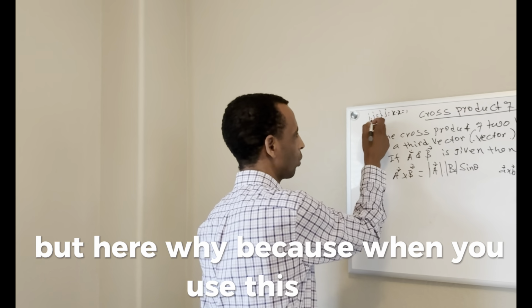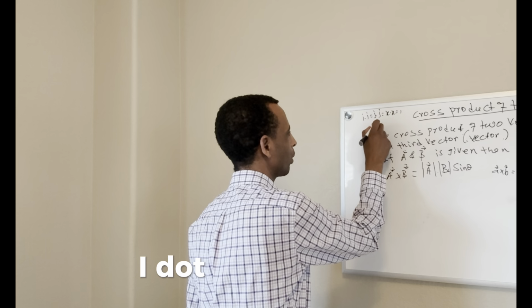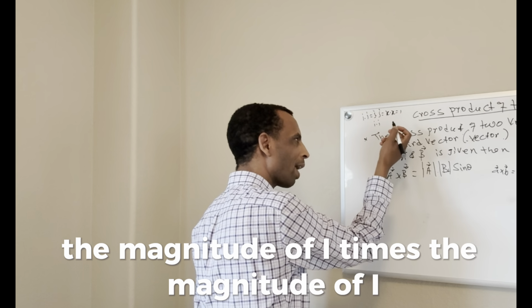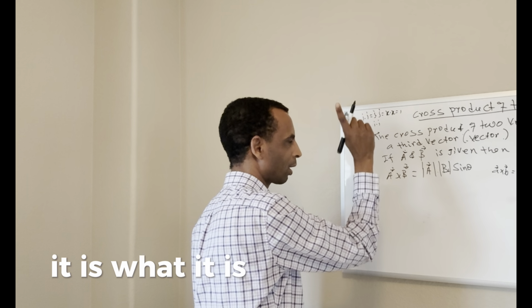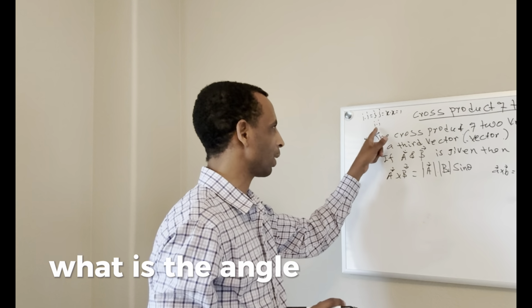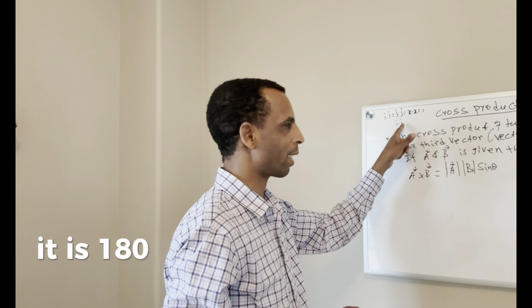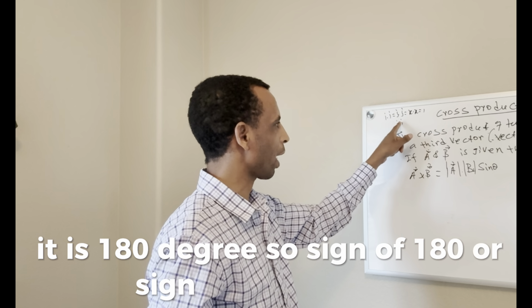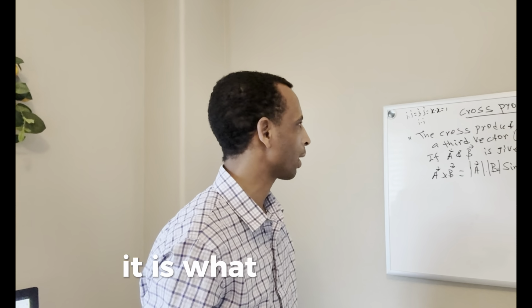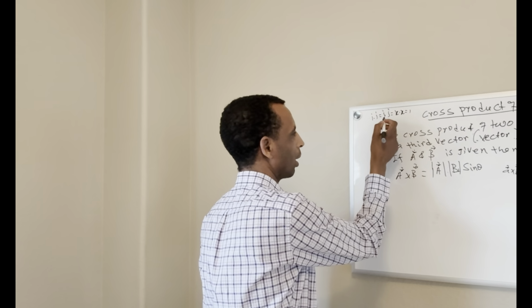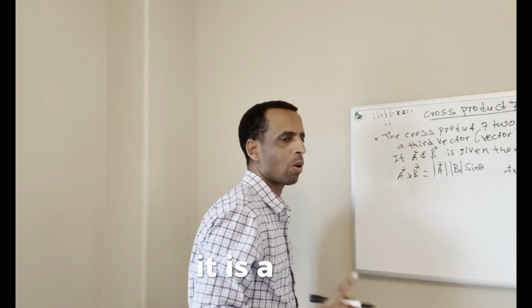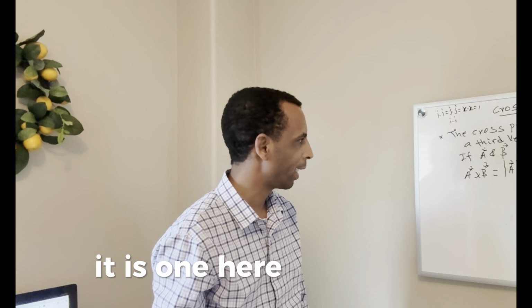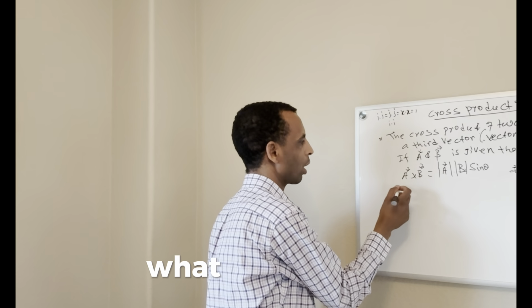Because I dot I equals the magnitude of I times the magnitude of I, which is 1, times the cosine of the angle between them, which is 0 degrees, so it is 1. So 1 times 1 times 1 is 1.